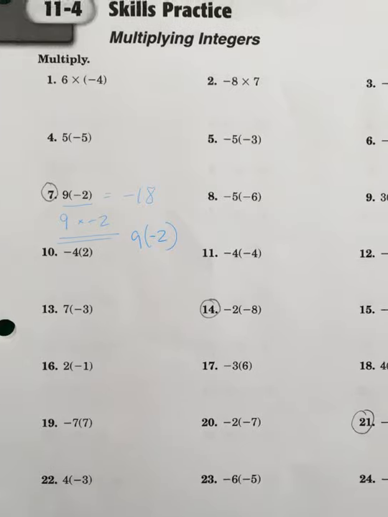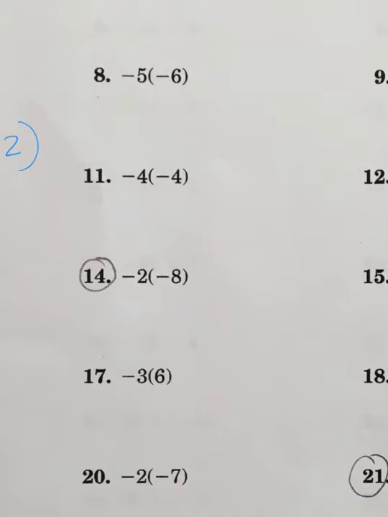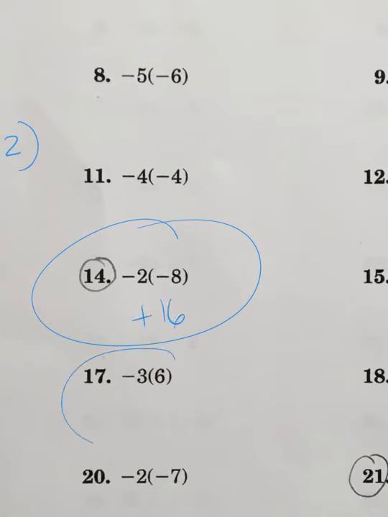Let's see. How about number 14? What kind of answer should I have? Before you use your calculator, what kind of answer should I get? A positive. Should get a positive. What is it? 16. What kind of answer should I get for 17? Should get a negative.